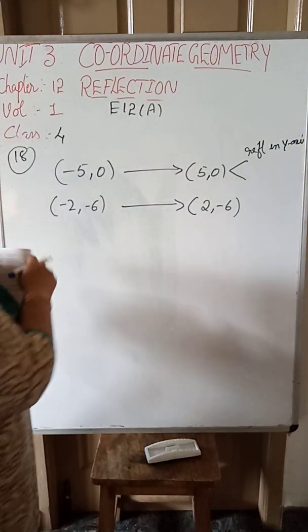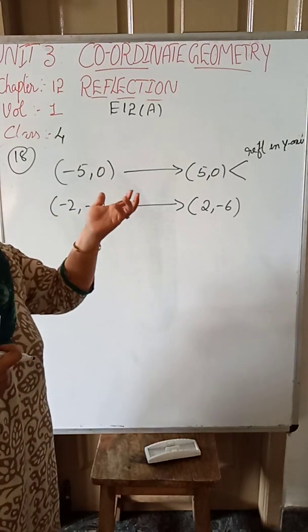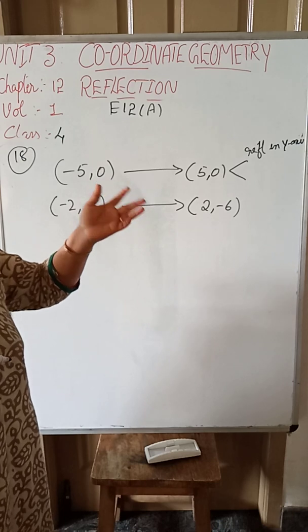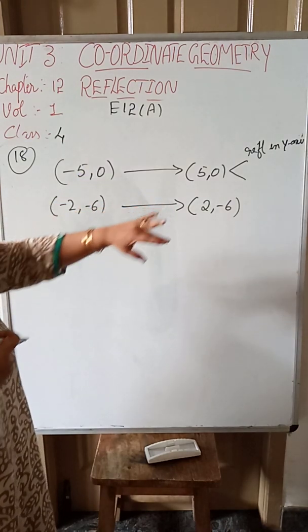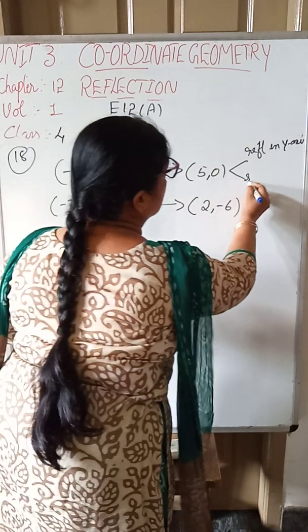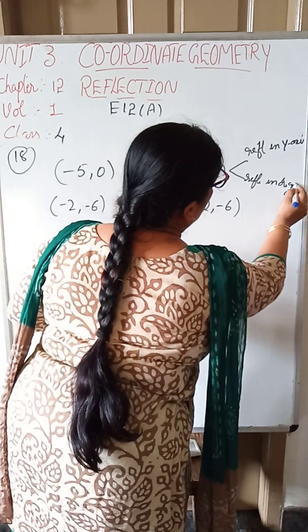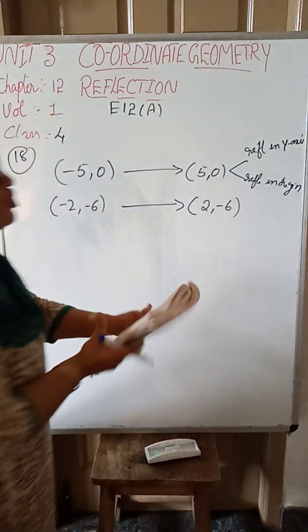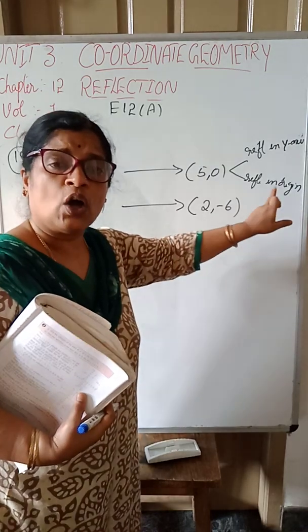But because 0 is an invariant point, it never changes to plus or minus, so if both have been changed, reflection has taken place in the origin. So in the first case we can judge reflection in the y-axis and reflection in the origin.